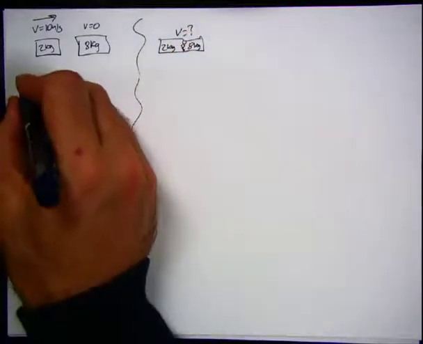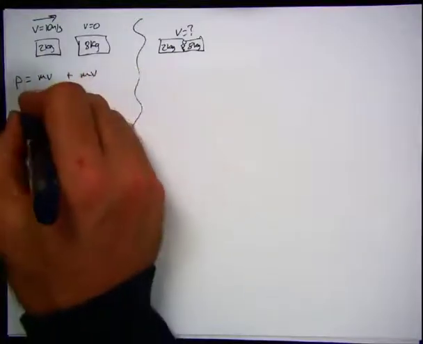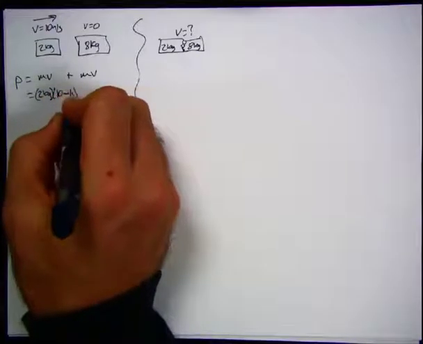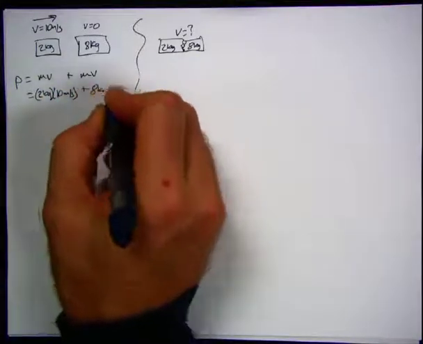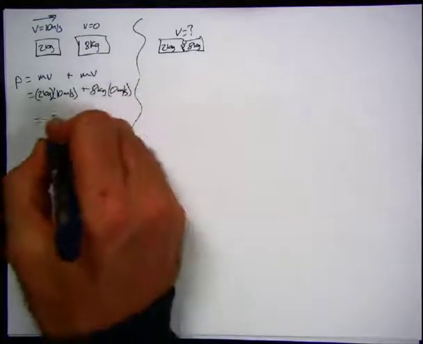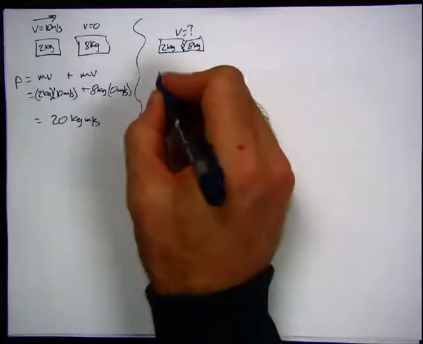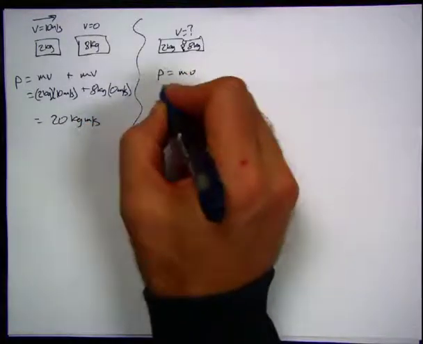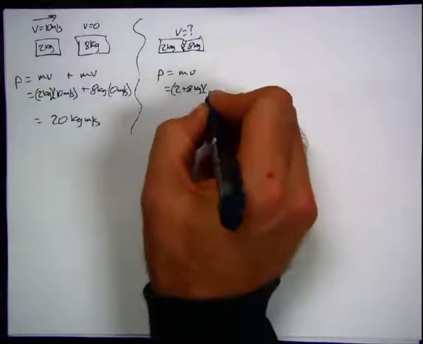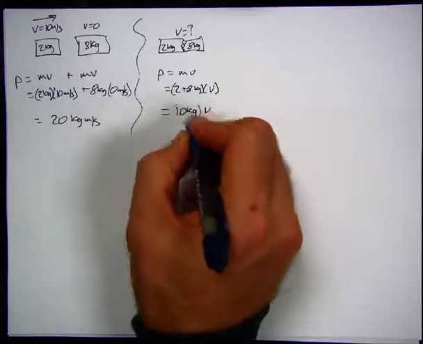Momentum transfer. Momentum is mass times velocity plus mass times velocity. 2 kilograms times 10 meters per second plus 8 kilograms times 0 meters per second, and we end up with 20 kilogram meters per second. Over here, momentum is mass times velocity, so it's 2 plus 8 kilograms times some unknown velocity, so we have 10 kilograms times that velocity.